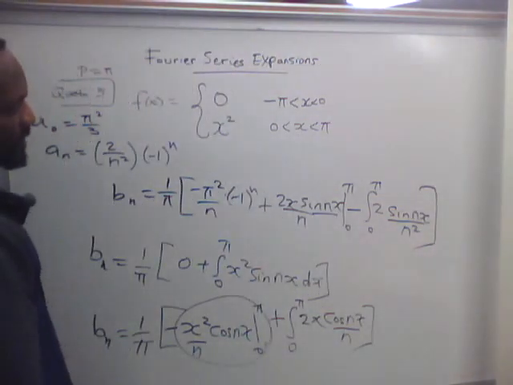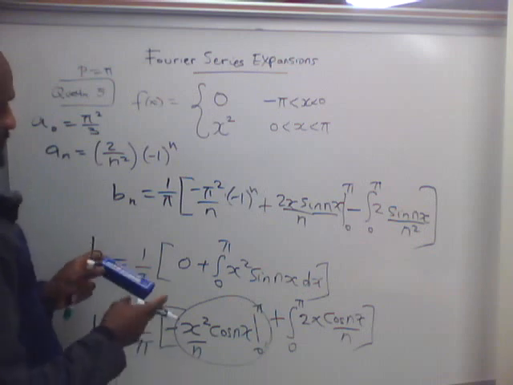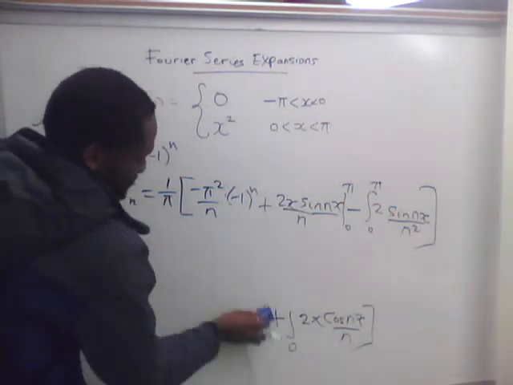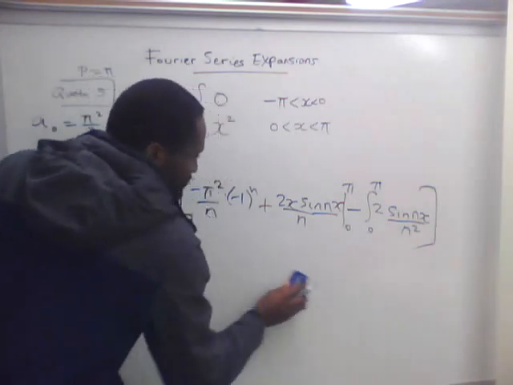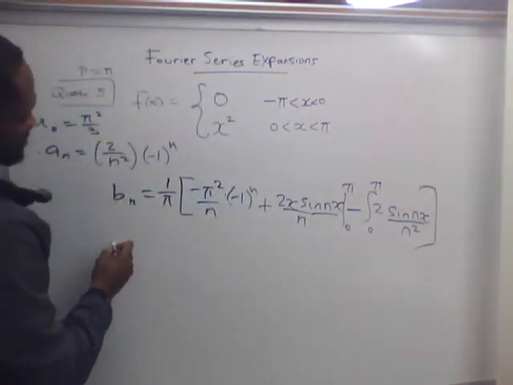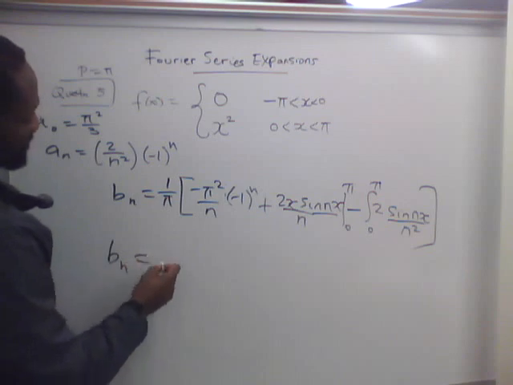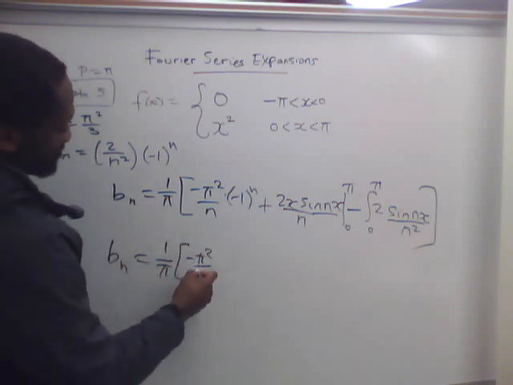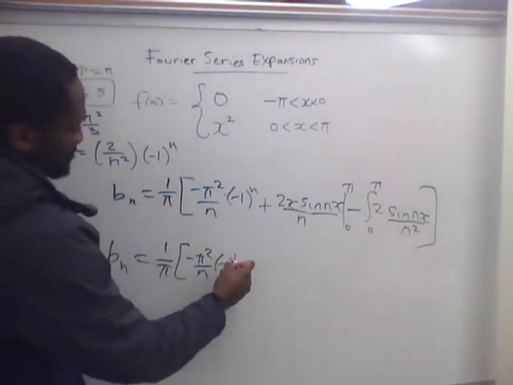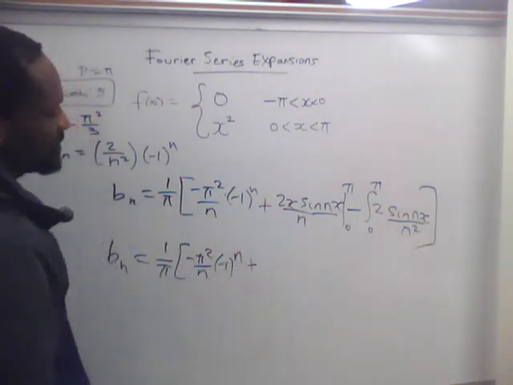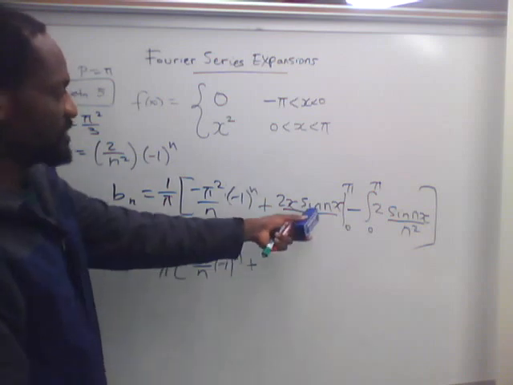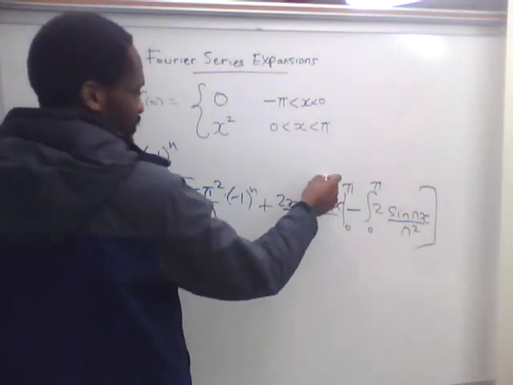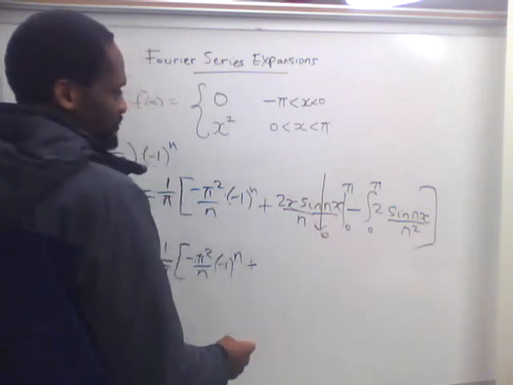We're almost there. So our Bn, obviously, again, this goes to 0 from similar arguments. Sine n pi always equals 0 and sine 0 is 0.